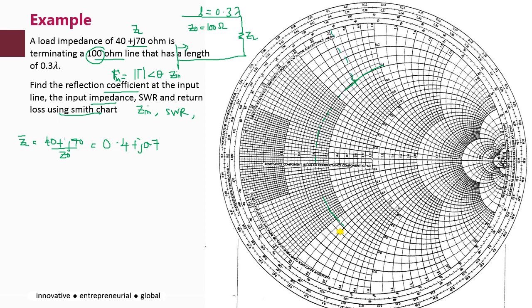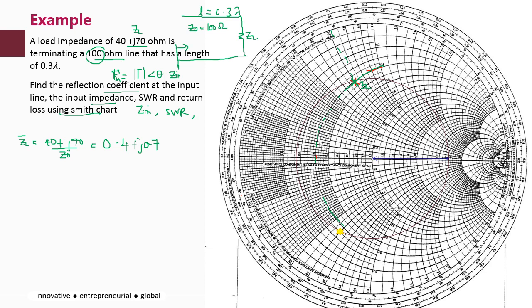So that is your ZL. Then once you have that, you can draw your SWR circle as usual, and to get the SWR value you can just get the radius.